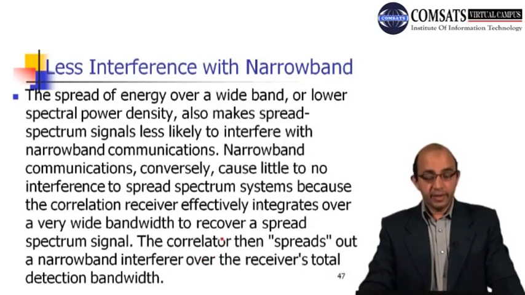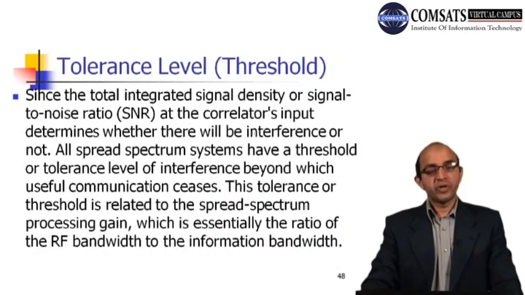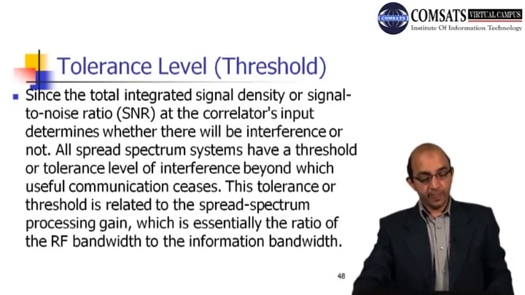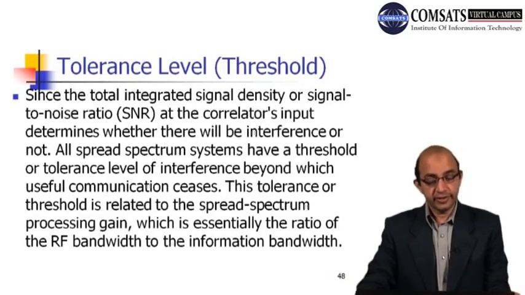The correlator then spreads out a narrowband interferer over the receiver's total detection bandwidth. Moreover, the total integrated signal density, or SNR, that is signal to noise ratio, at the correlator's input is actually the factor that determines whether there will be interference or not.